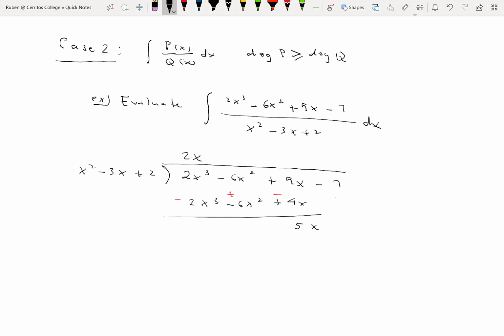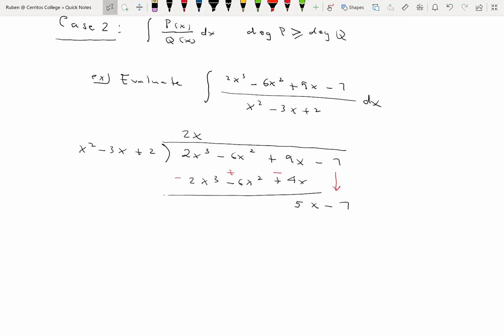Then we bring down our next term, 5x minus 7, and we continue the long division if possible. Well, the degree of 5x minus 7 is 1, and we're dividing x squared minus 3x plus 2 into that, so we're done with the division. We can't divide a higher power into a lower power. So that remainder is 5x minus 7.